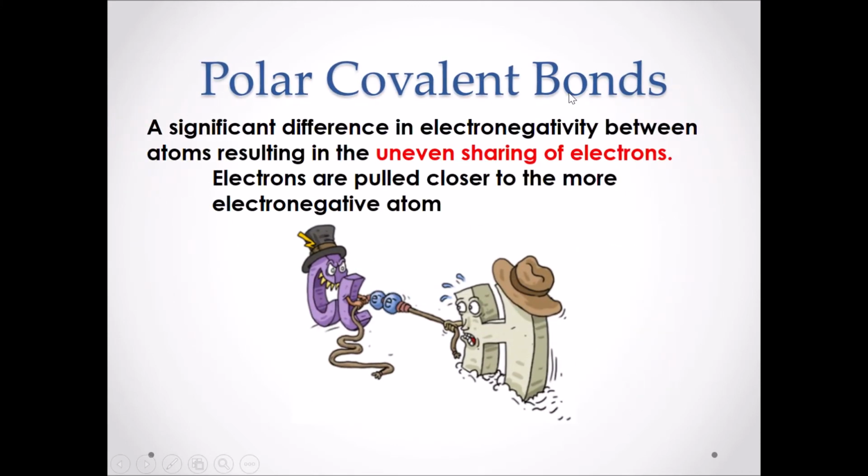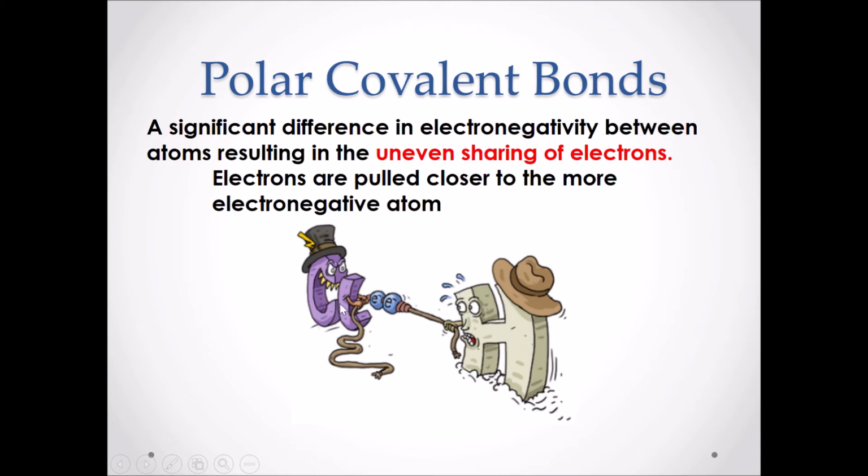Polar covalent bonds are when there's a significant difference in electronegativity between atoms, resulting in an uneven sharing of electrons. Those electrons are always pulled closer towards the more electronegative atom. In this example, we can see a bond between chlorine and hydrogen.